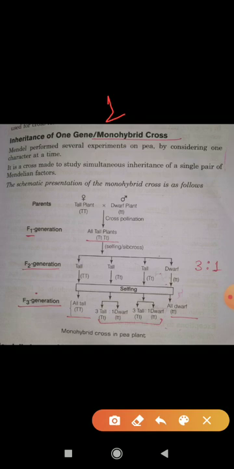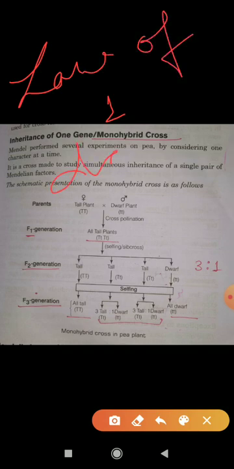Clear? Through this flow chart we can understand monohybrid cross, and it covers the law of dominance also. It's very easy, children.